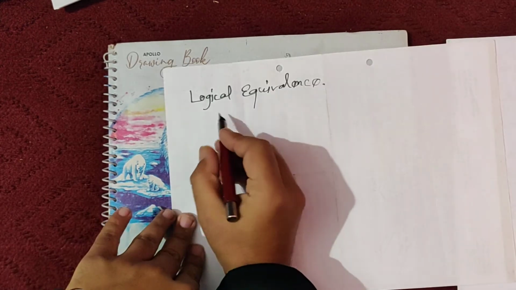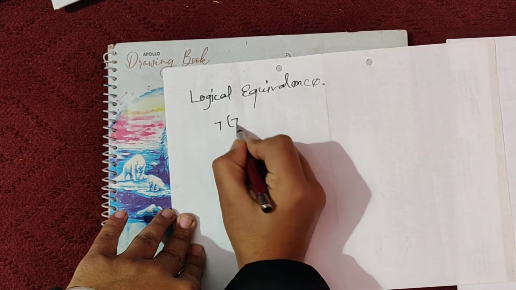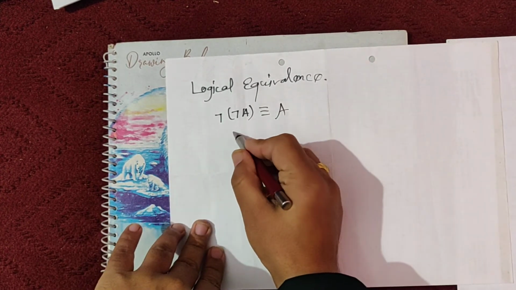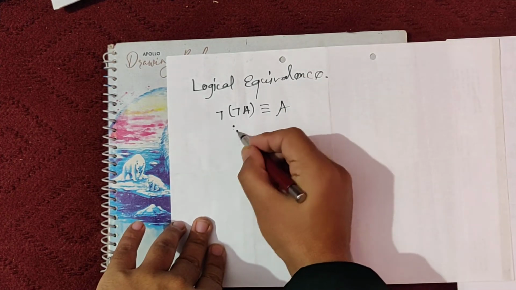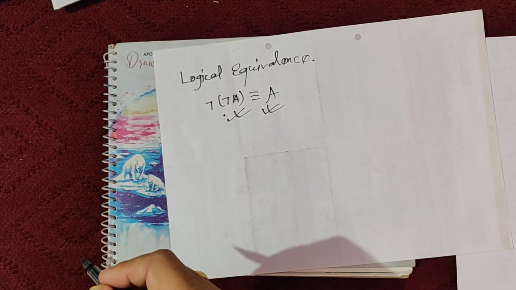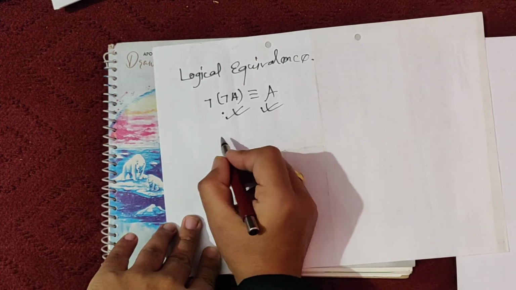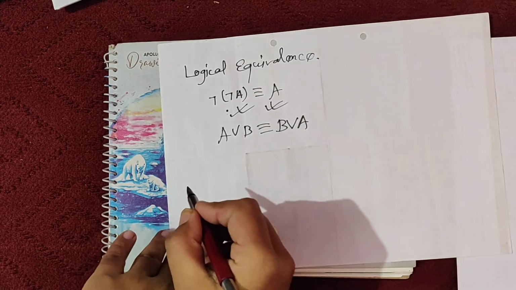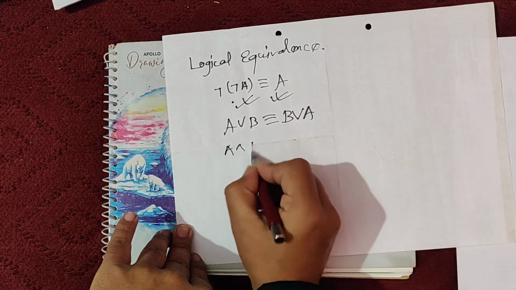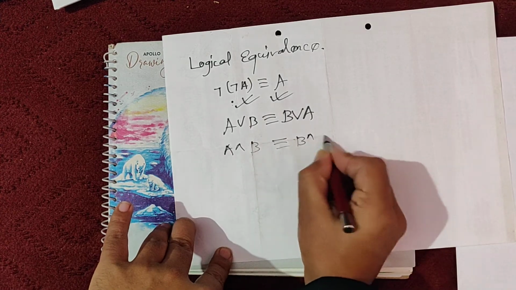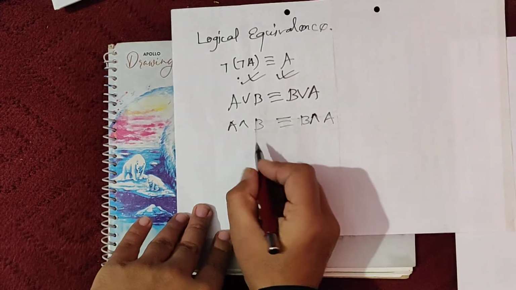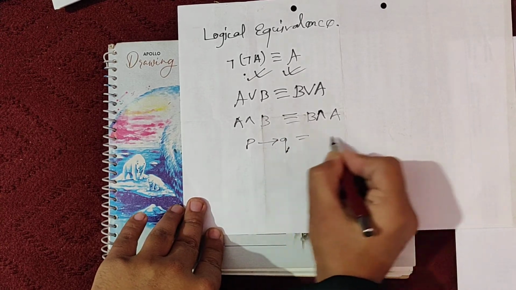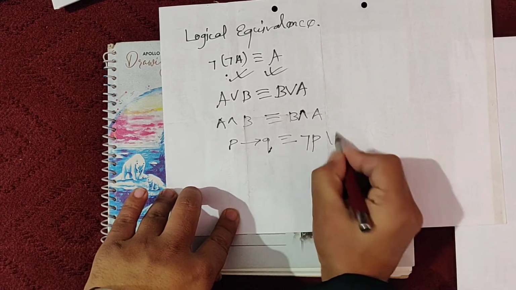For example, not not A is the same as A. The truth values for this and this are the same, so it is logical equivalence. Similarly, A or B is logically equivalent to B or A. Similarly, A and B is logically equivalent to B and A. Similarly, P implies Q is logically equivalent to not P or Q.